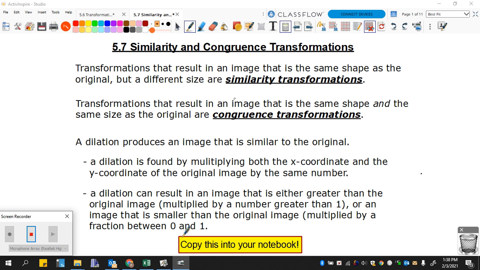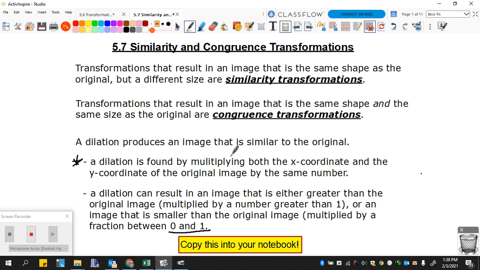All right, and a dilation that has a scale factor greater than 1 is going to be an enlargement, or if it's multiplied by a number between 0 and 1, okay, then it's going to be a reduction. All right, and you find that dilation by multiplying both the x and the y coordinate by the same number.